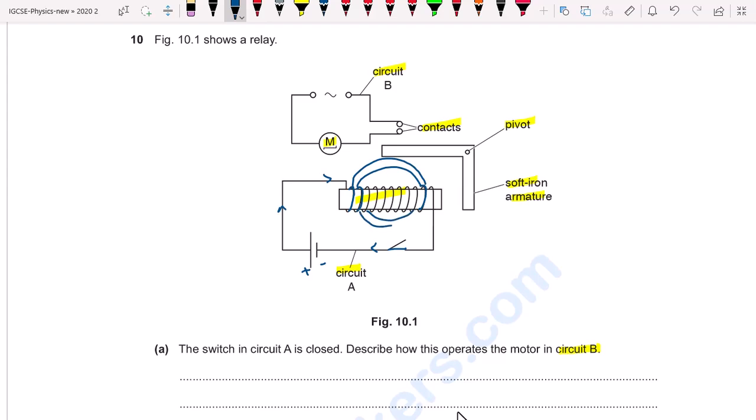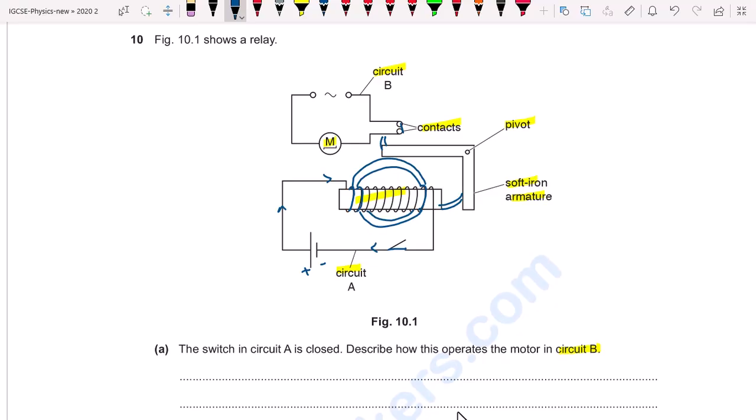Due to this magnetic field, the soft iron armature is attracted towards this coil and it will move in this direction, so that the other side of the soft iron armature moves upward and it will be in touch with the contact, due to which the contacts touch each other and it becomes a closed circuit.